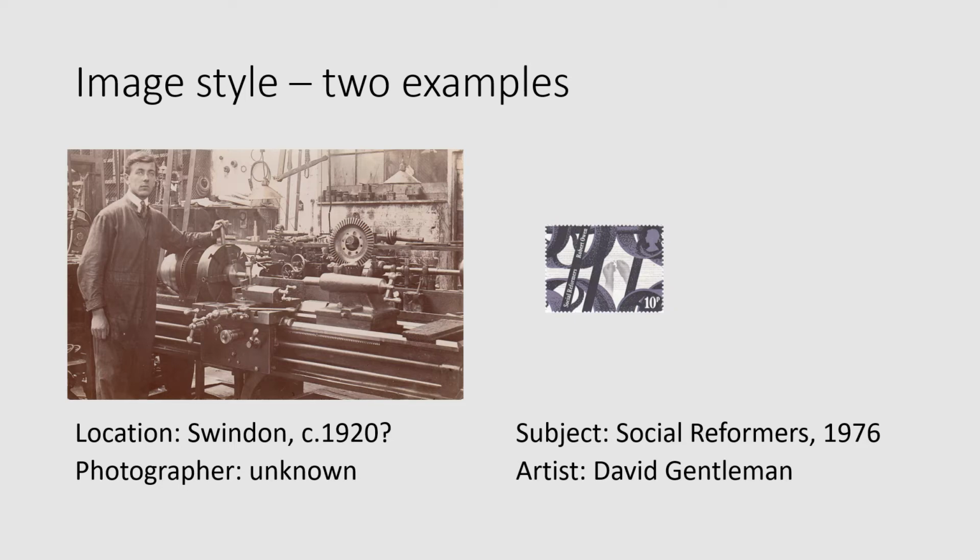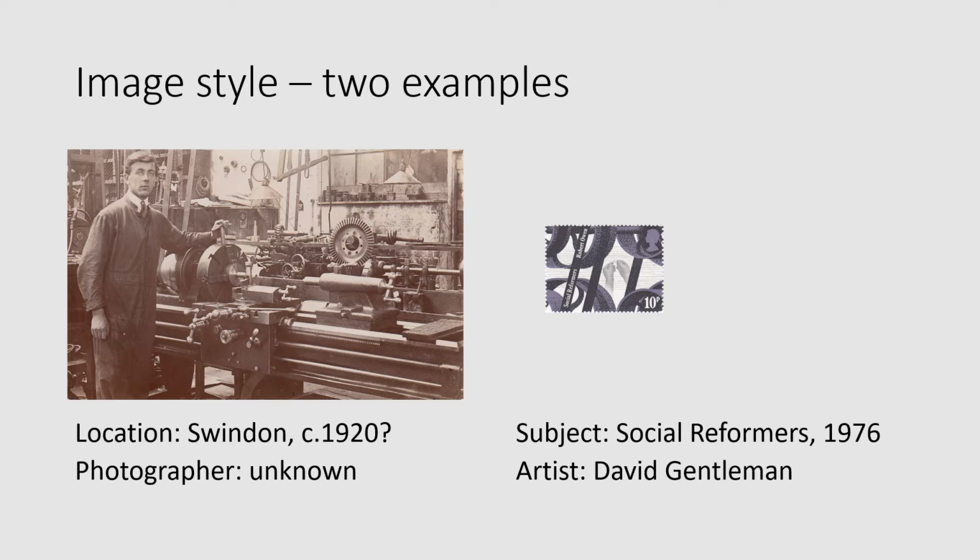In contrast, on the right we have a British postage stamp from the Social Reformers series of 1976, designed by David Gentleman, and this commemorates Robert Owen, this particular stamp. David Gentleman was a very prolific artist for the Post Office in the 1960s and 1970s, sometimes designing single stamps within a set, sometimes designing the whole set.